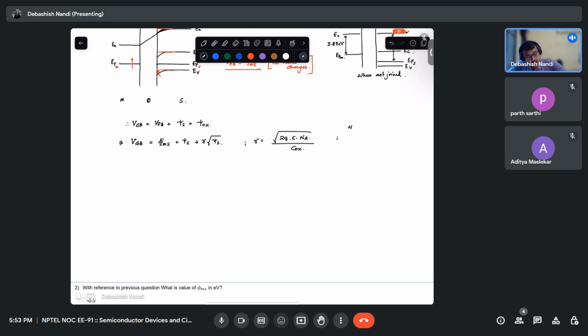Here your Na is the p-type substrate doping. Cox is epsilon ox over Tox. The unit would be farad per centimeter square, or some area. Fine.